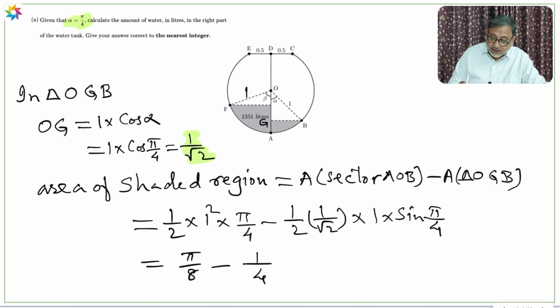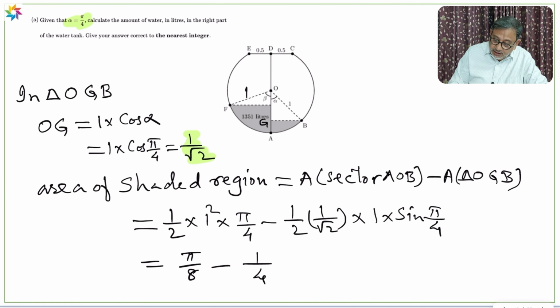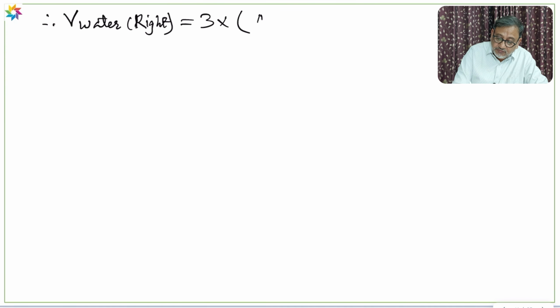So when I multiply it by 3, I will get the volume. Therefore, V of water in the right part is equal to 3 times that area, pi by 8 minus 1 by 4.